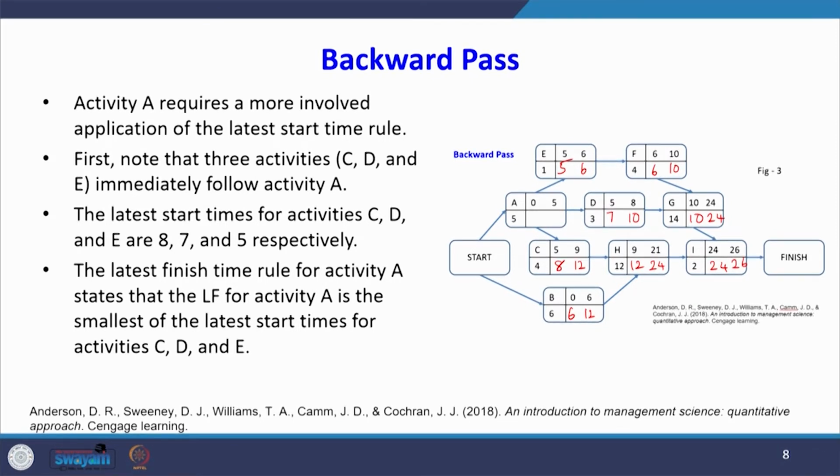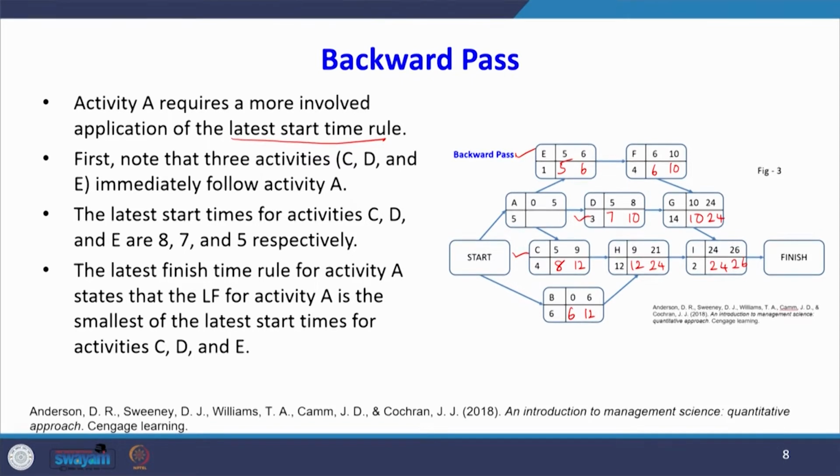Now, see, activity A requires a more involved application of the latest start time rule. First, note that there are 3 activities, C, D, E, and their latest start times are 8, 7, 5 respectively.